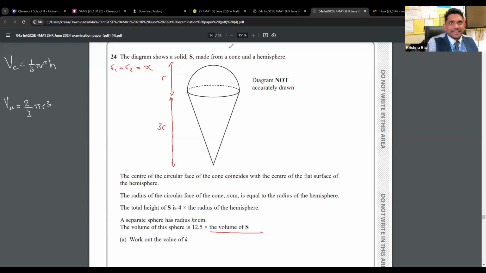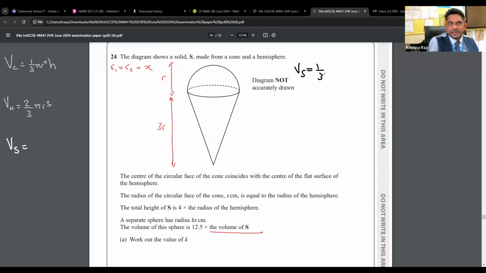So the volume of S, let's make my writing a bit thicker, must be the hemisphere plus the cone.